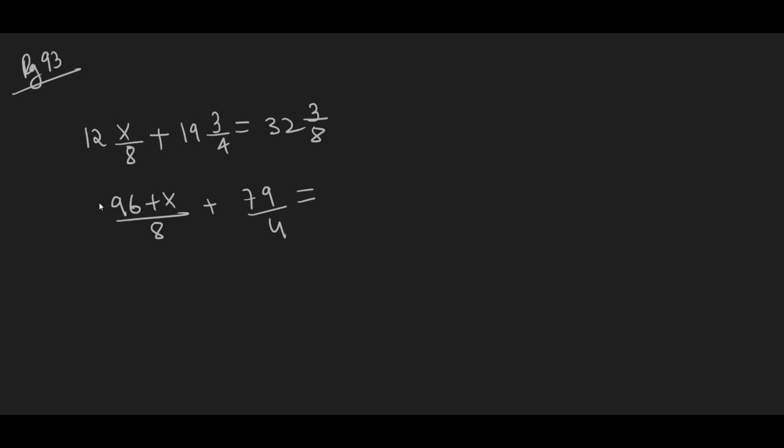And here you have 32 into 8 plus 3, so this will be 259 upon 8. Now children, you have here x plus 96 upon 8 and here 259 upon 8 minus 79 upon 4.